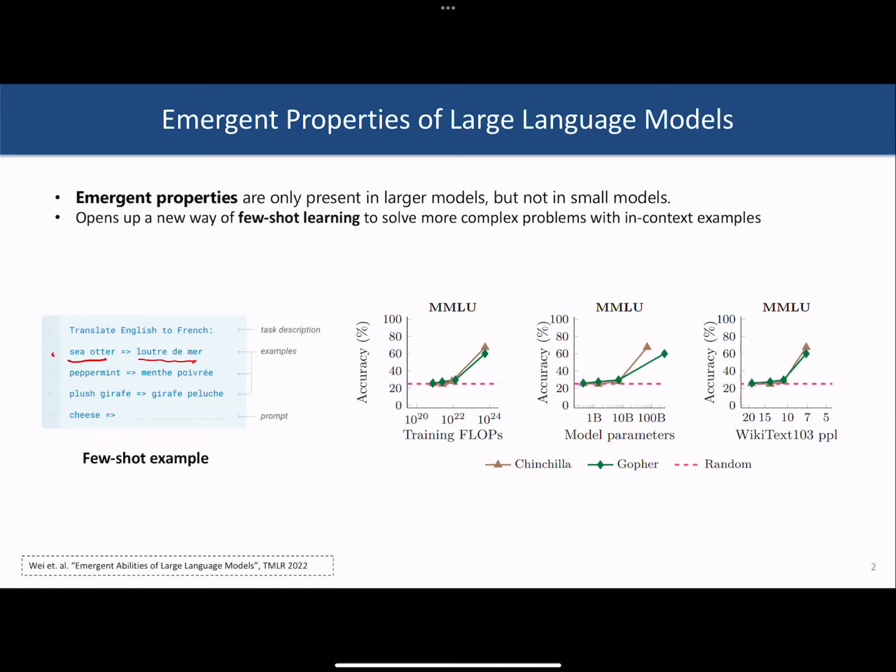So for example, here is translation from English to French. And then without any other instruction, you would basically ask the model, what is the translation of cheese, right? And then we found that after a certain size, these behaviors exhibit, which is very, very surprising. Actually, this was not how few-shot learning worked before.